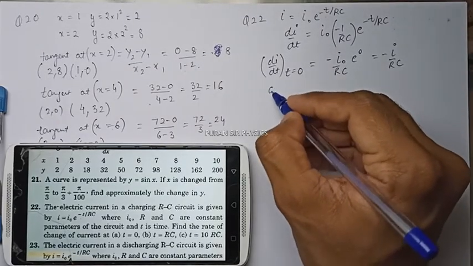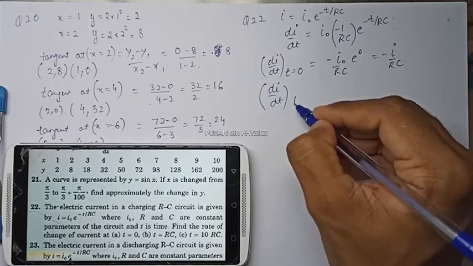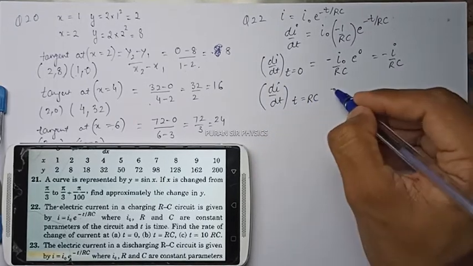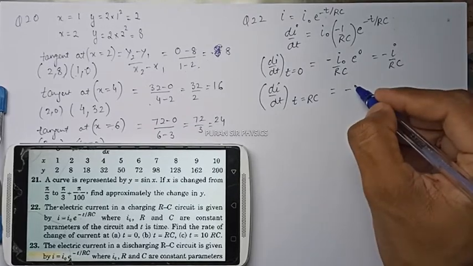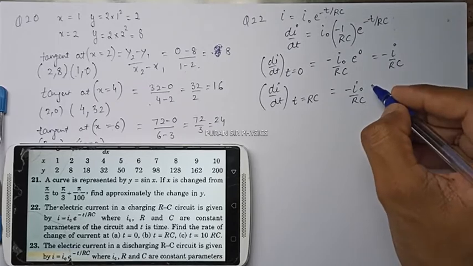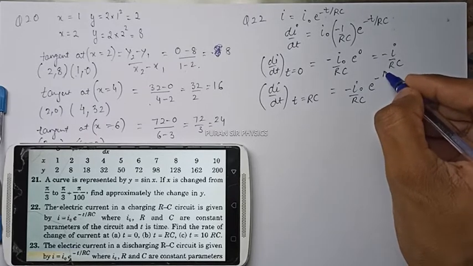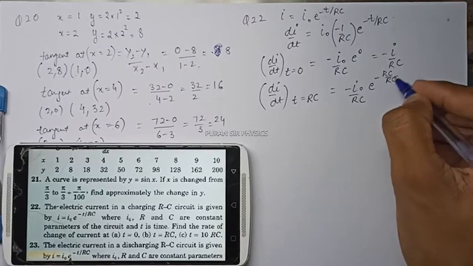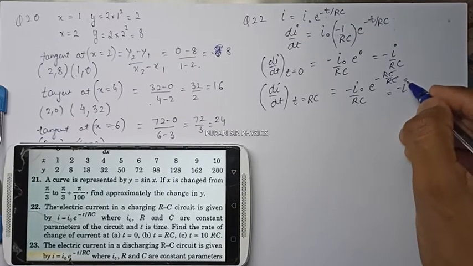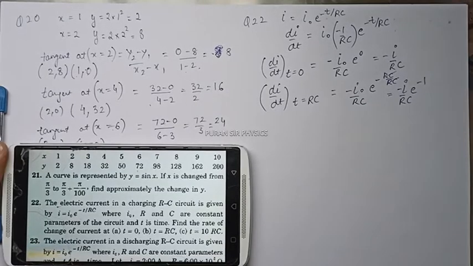And then if we want to find the value at t equals RC, it will be minus I naught by RC e raised to power minus RC by RC. So it cancels out and it becomes minus I naught by RC e raised to power minus 1.